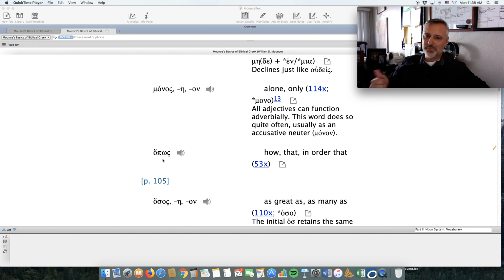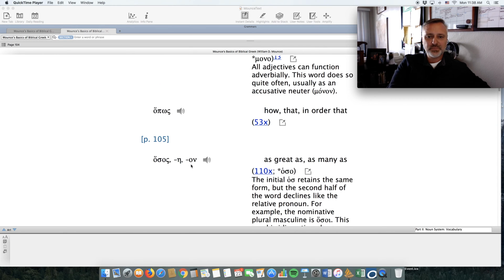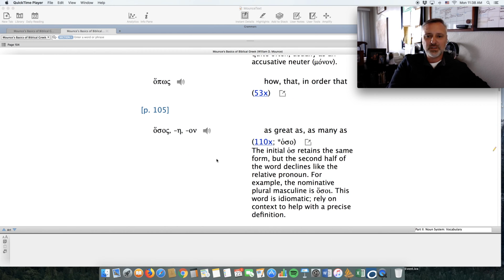So keep at them, but hopos means how, that, or in order that. All right. Hosos, as great as or as many as. Hosos, hose, hosan. So hosos, you'll see every once in a while, not a ton, 110 times, but enough to be something to memorize. Hosos, hose, hosan.